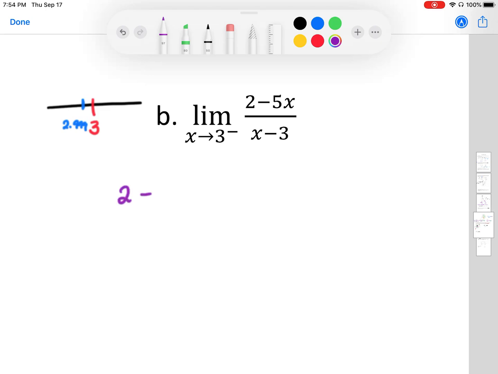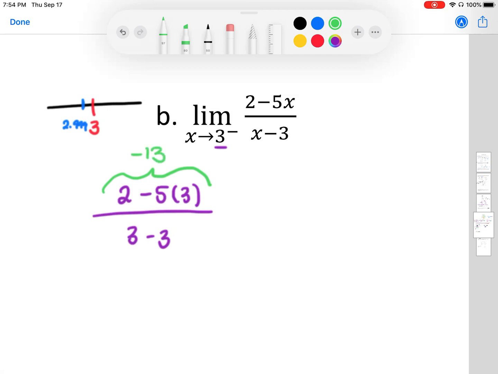So I have 2 minus 5 times 3, since we're working with 3, divided by 3 minus 3. In my numerator, we get the same result. 2 minus 15, we get negative 13. And in my denominator, what if instead of 3, I think of a number that's slightly smaller since we're coming in from the left? A number that's slightly smaller.